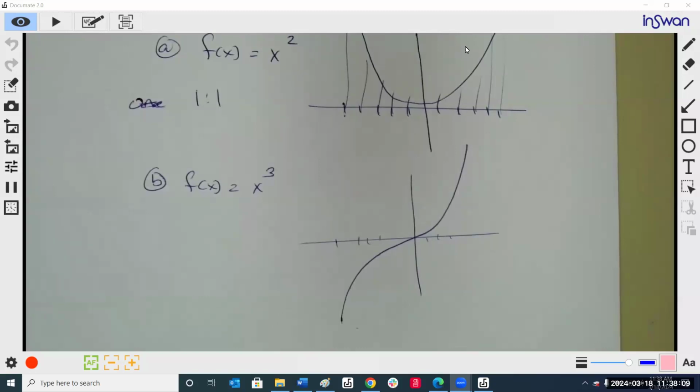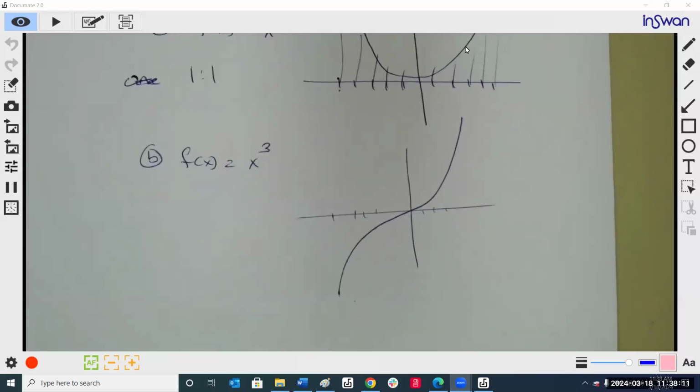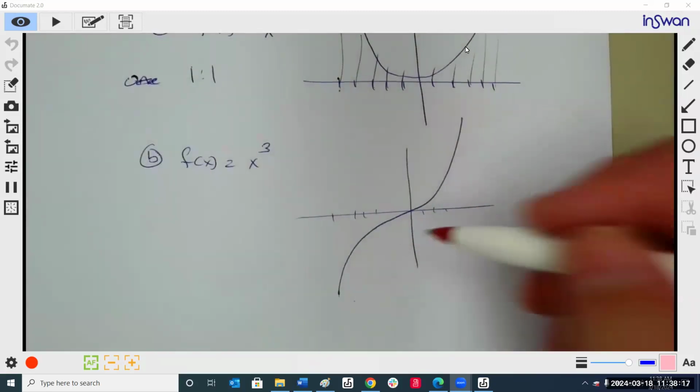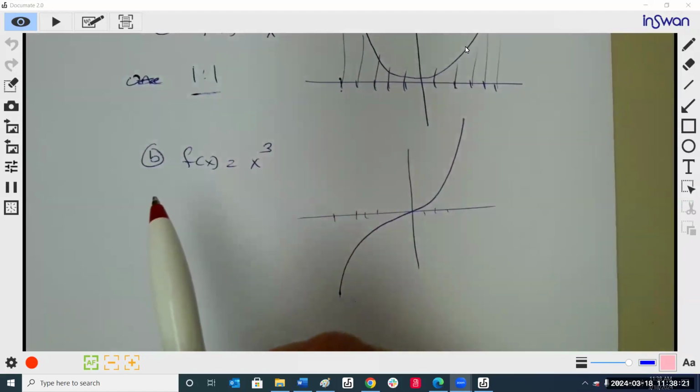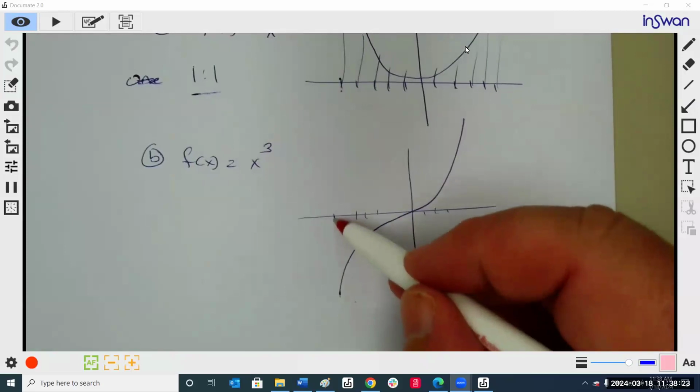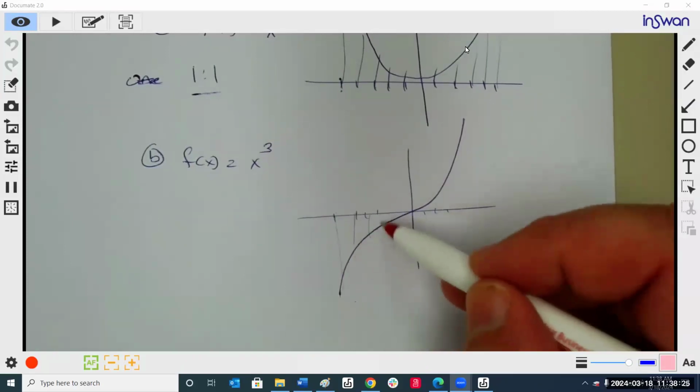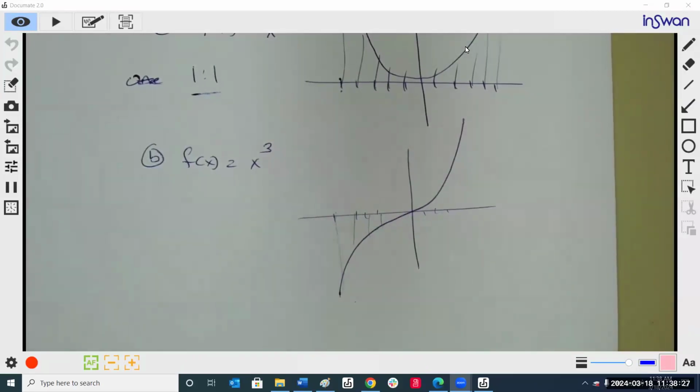Example 3 now. So that's what you're looking for. There's a difference between the horizontal and vertical line test. The vertical line test tests if it's a function. 1 to 1-ness asks, is there one value of x to one value of y? One input to one output? Yes. Don't get those two mixed up. Because now eventually we'll talk about, is there an inverse? That's when we have to look at the horizontal line test.